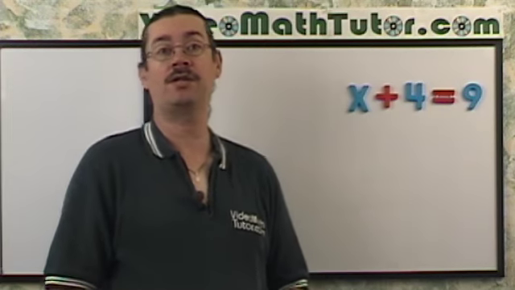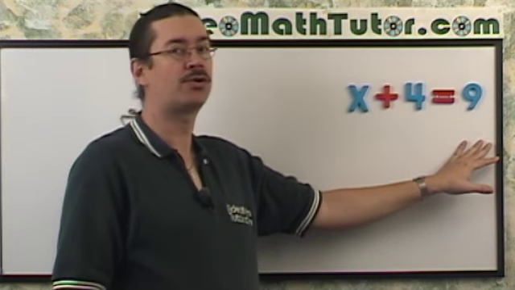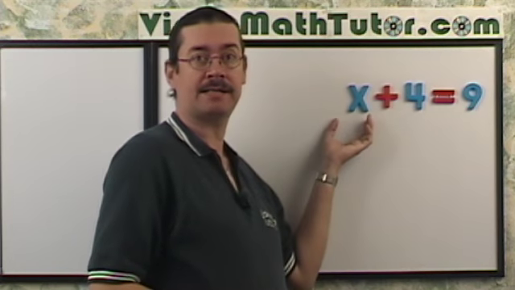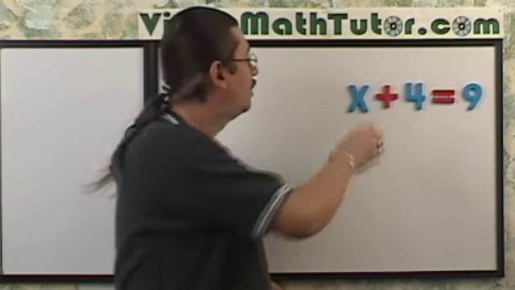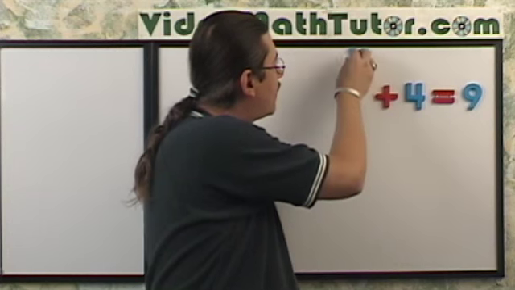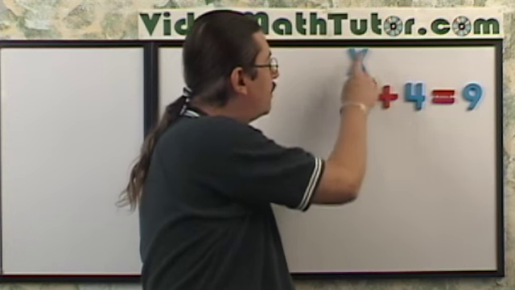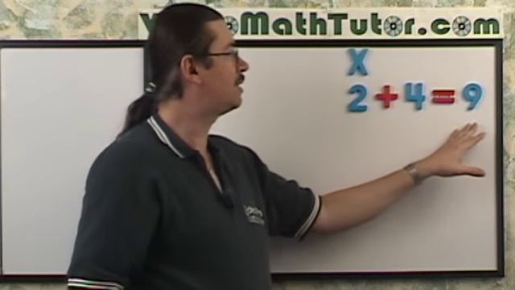Now let's take a look at the equation x plus 4 equals 9. See, this is neither true nor false because I don't know what the value of x is as it stands. Well, let's assign a value to x. For example, let's let this x right here have a value of 2. So if this x is 2, what do we get? 2 plus 4 equals 9.